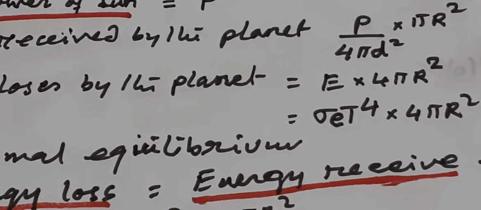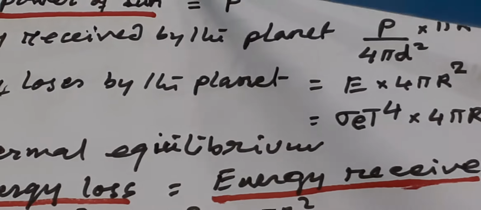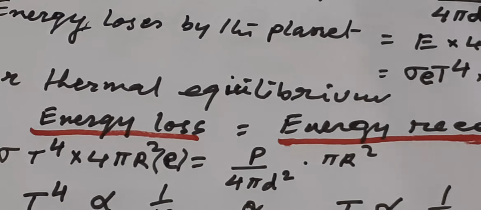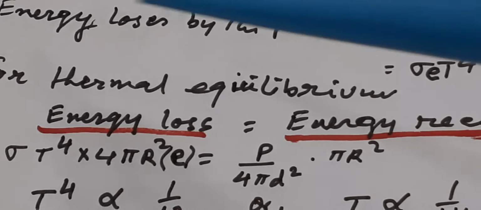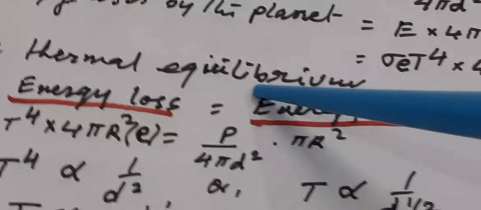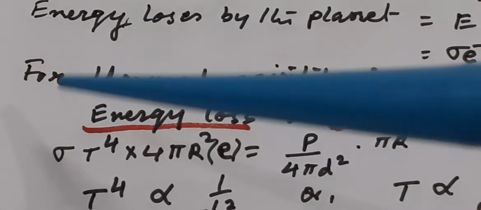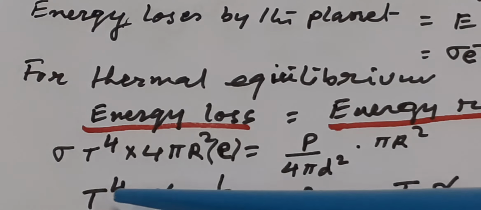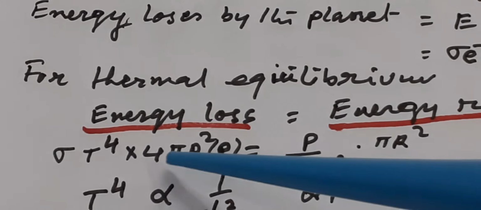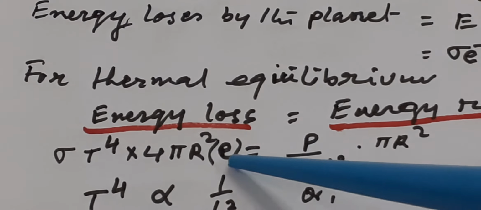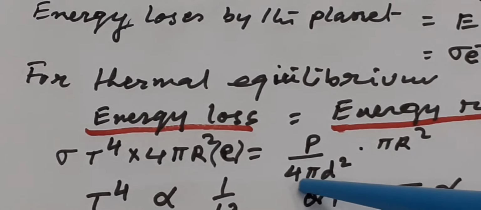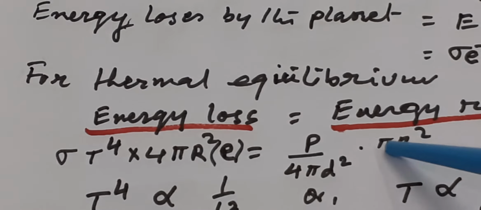And there is a thermal balance, thermal equilibrium, between receiving energy and the loss of energy. Energy lost by the planet and energy received by the planet will be equal. Now equalizing these two, the thermal equilibrium condition, sigma T to the power 4 pi bigger r square into E small e emissivity is equal to P divided by 4 pi d square into pi r square.